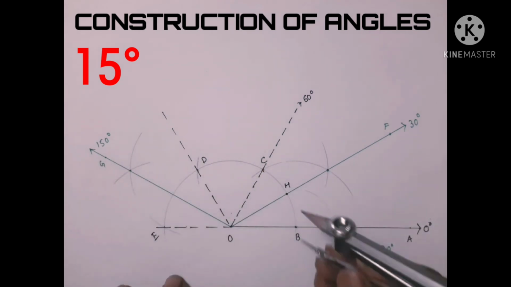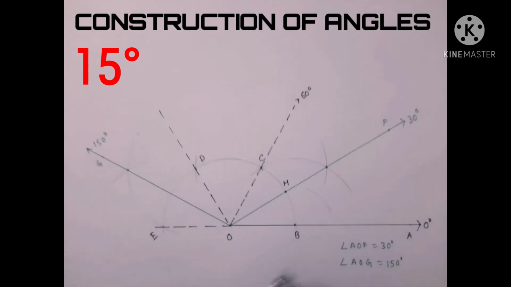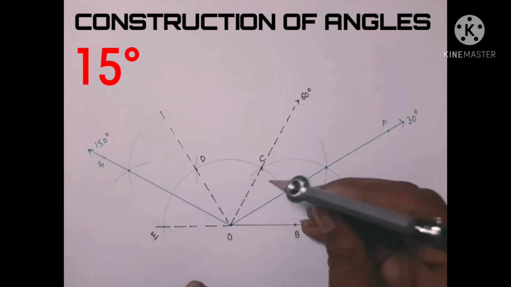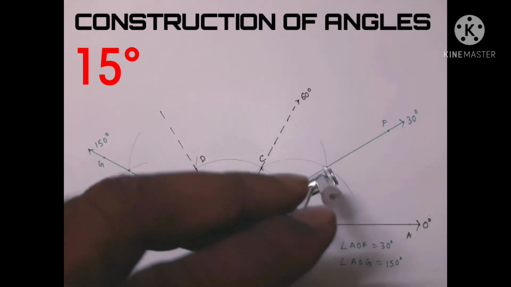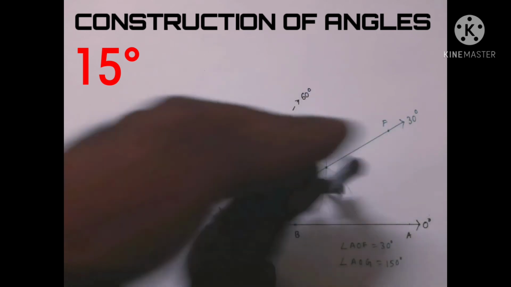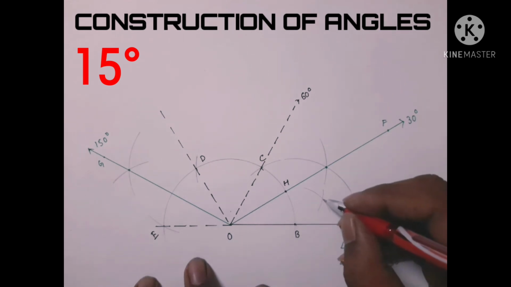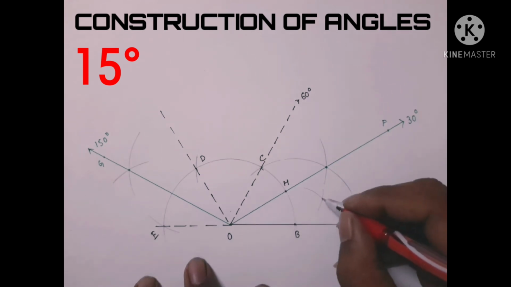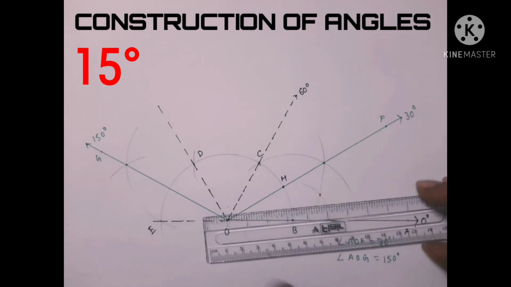As we know, for bisectors the arcs always should be in the middle portion, and one from point 30. So one from 0, one from 30, that is B and H. Taking B and H as the center, we have got two arcs. Now let them meet here. As they meet here, let us mark it and join to the vertex.